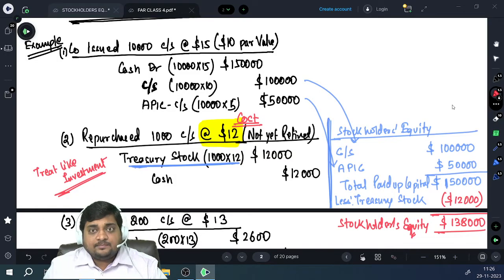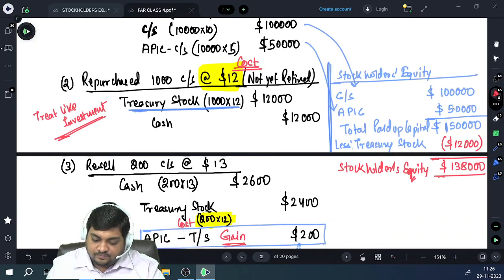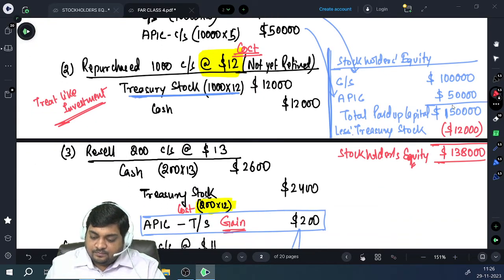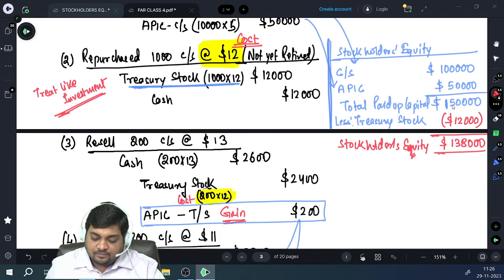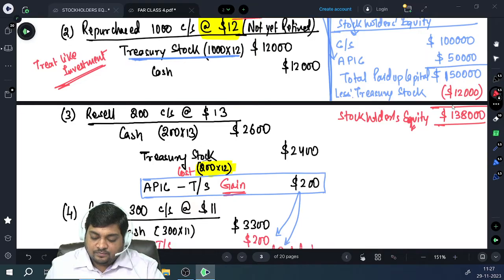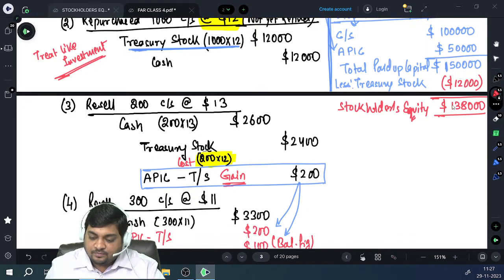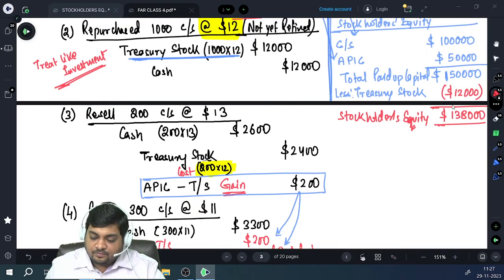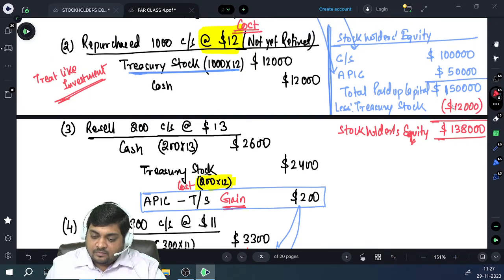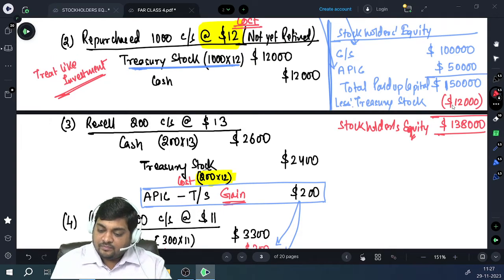Is it okay, everyone? After adding everything, last we will less treasury stock.